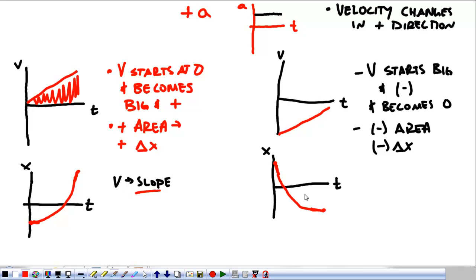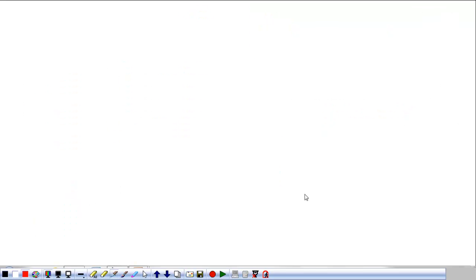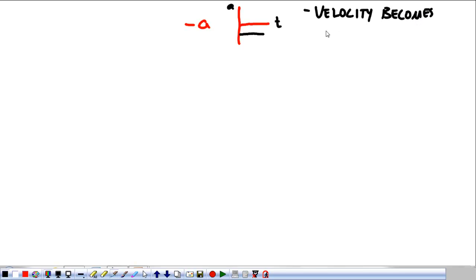All right, last case scenario is negative acceleration. With negative acceleration, we'll look at the easiest case first. Our acceleration versus time graph is going to look like this. So the things that this says about velocity: first is that the velocity becomes more negative.